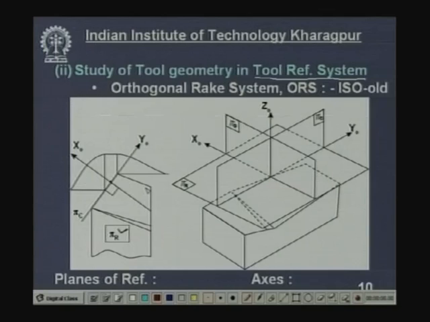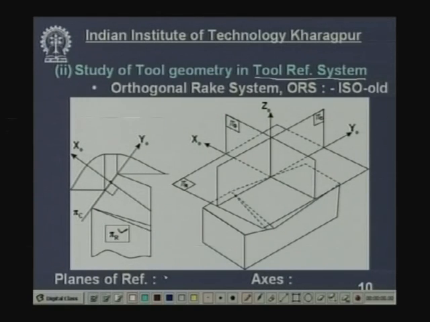All right. Now, in machine reference system, we took two planes, in the direction of feed, and one perpendicular to that. Now, in tool orthogonal rake system, the axes are different. One axis taken like this is called cutting plane.